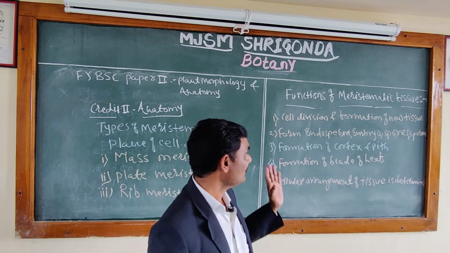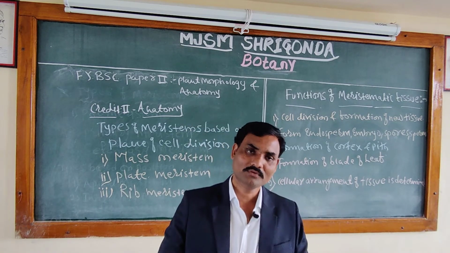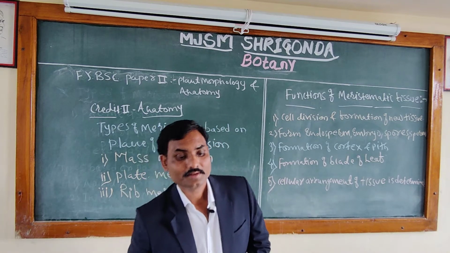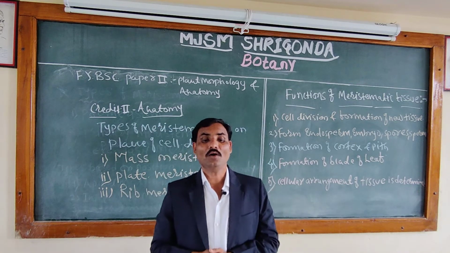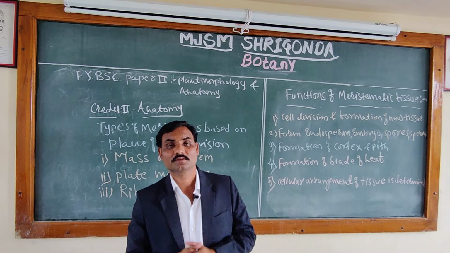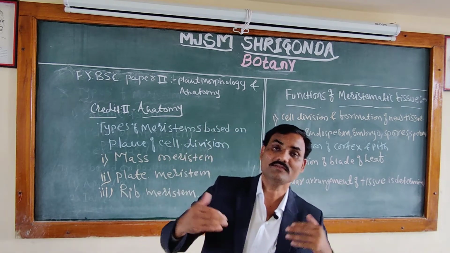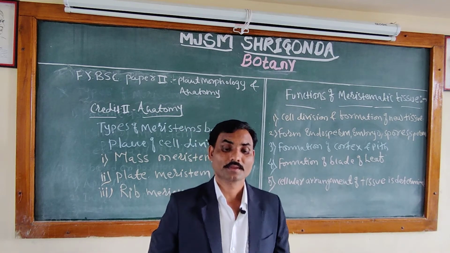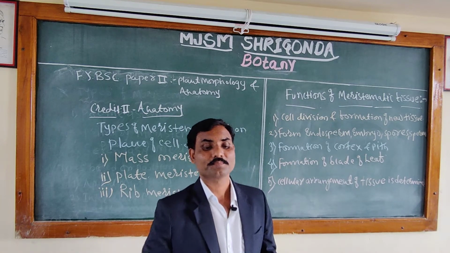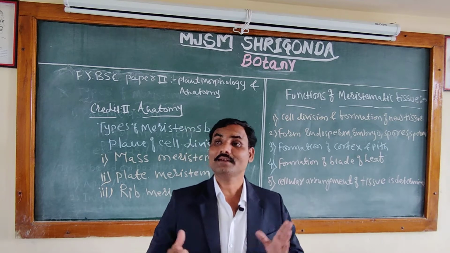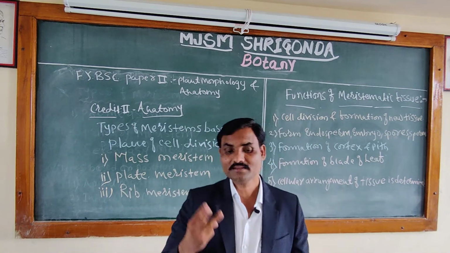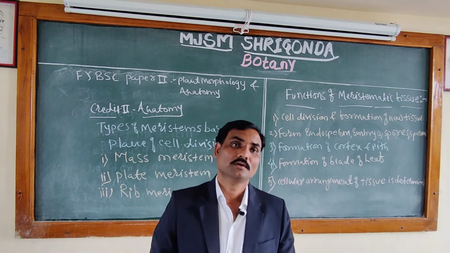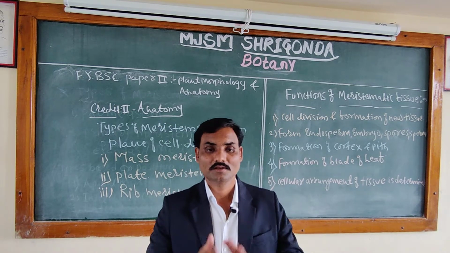We have studied in detail with the help of diagram in the last video. Then on the basis of position in the plant body, meristems are again divided into different types. That is apical meristem, intercalary meristem and lateral meristem. In this way we have studied 3 different types of meristems on the basis of position in the plant.